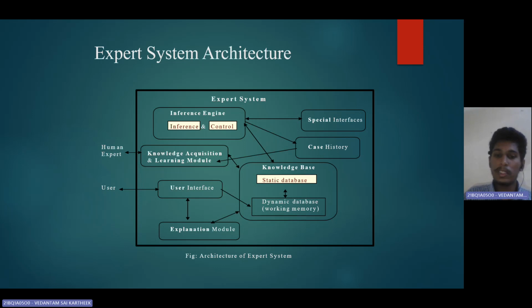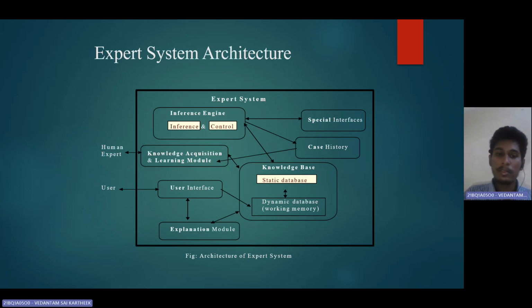Both are included in the knowledge base. The static database consists of the relations; for example, in a medical disease identification system, the static database consists of the symptoms which identify the disease, and the dynamic database is compared with the static database.